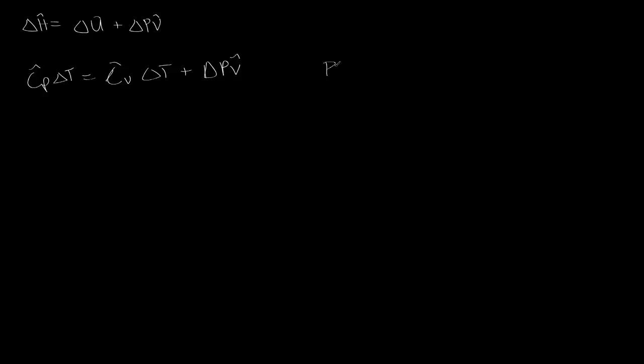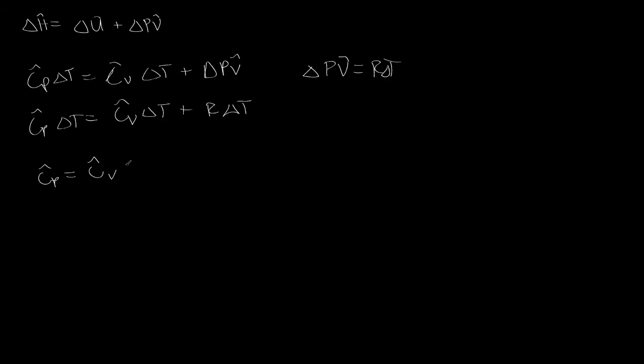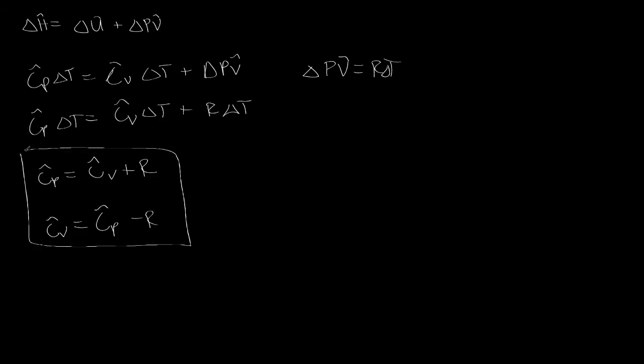Now if we take the ideal gas law where PV is equal to RT, we can substitute this in as well, so delta PV would be R delta T. C sub P delta T is equal to C sub V delta T plus R delta T. And from this we can easily see that C sub P is equal to C sub V plus R, or rearranging it, we have C sub V is equal to C sub P minus R. And that's how we can relate between delta H and delta U.